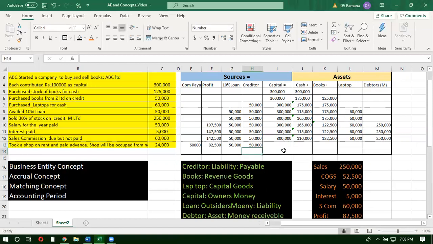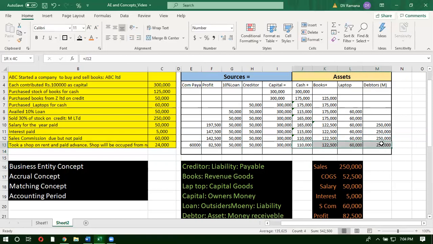No change in the creditor, no change in capital, no change in cash because of this transaction where you did not pay money, no change in books or stock because you did not sell anything more, and debtors remain the same.